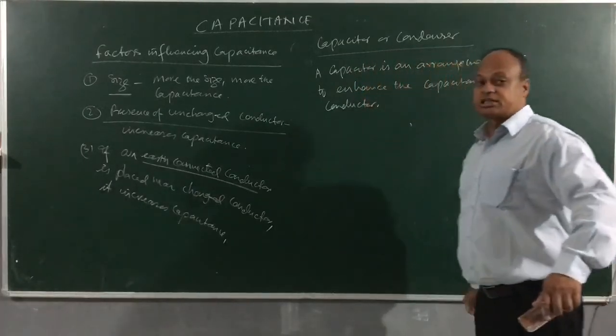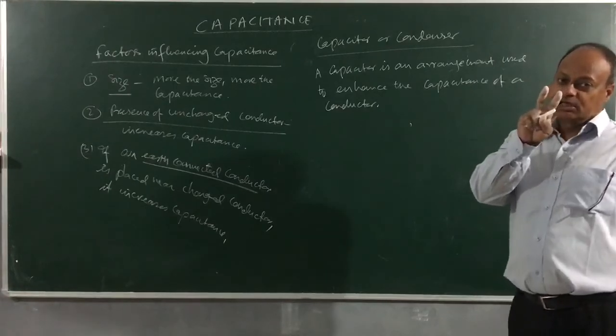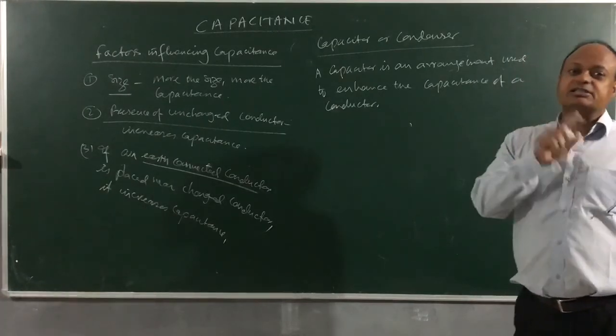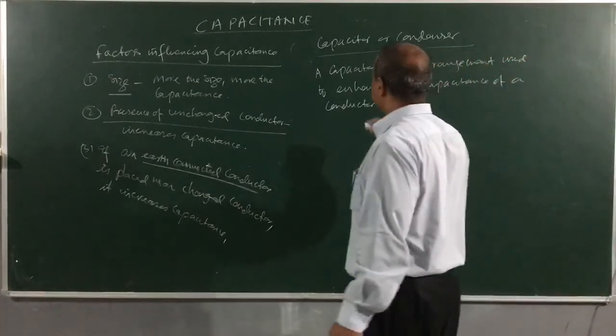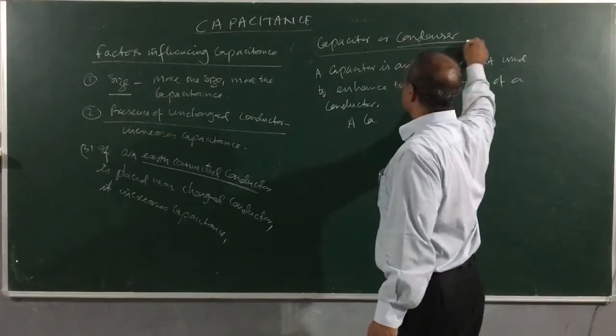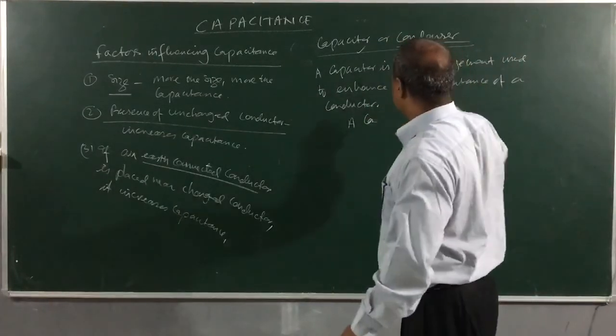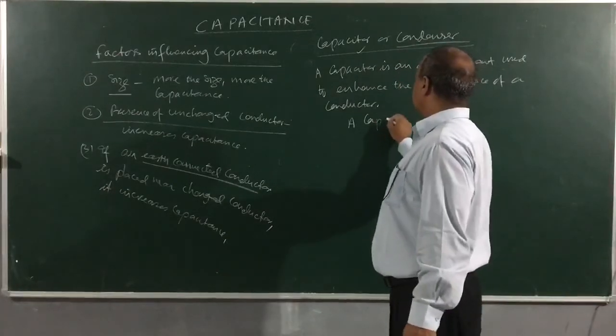So children, what does it consist of? It consists of two conductors. One of the conductors is charged and that is connected to earth. So I will say a capacitor, the common term is condenser for capacitor, but we will be using this term capacitor and not a condenser.